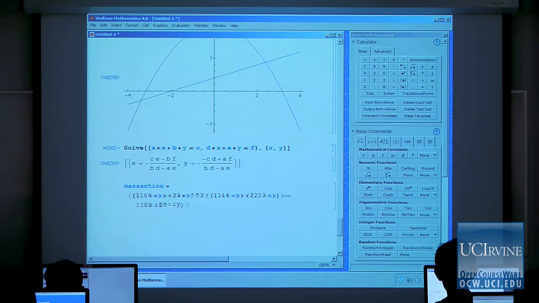Okay? All right, so there's my mass action expression.